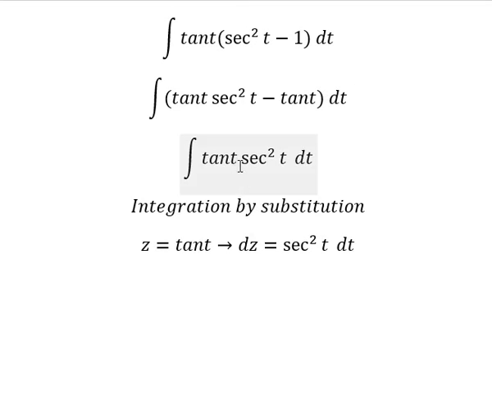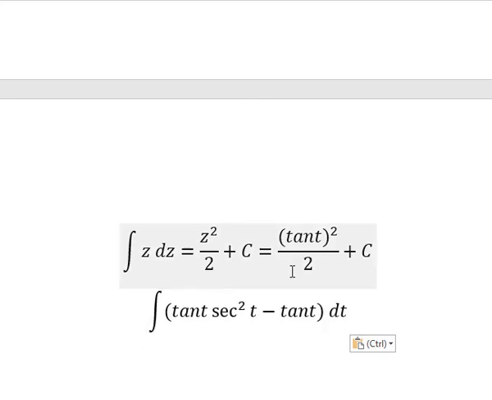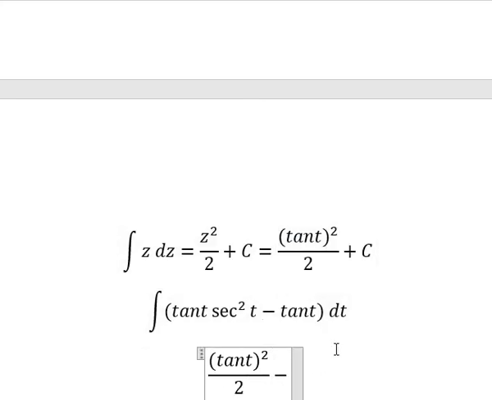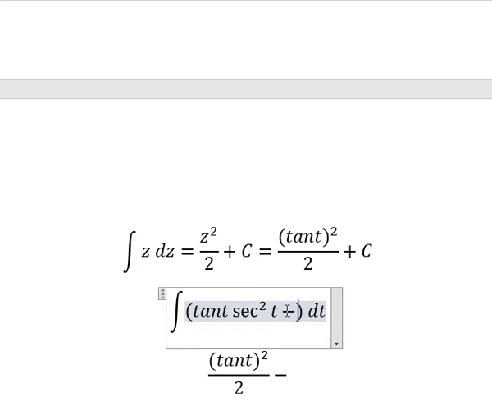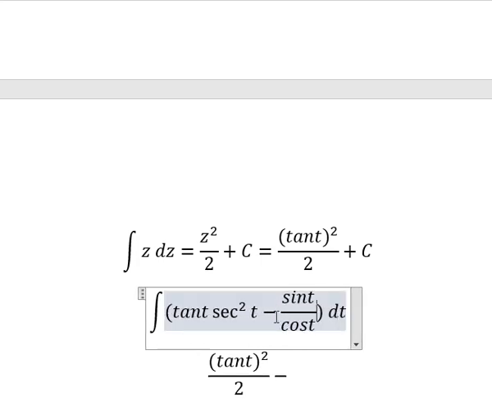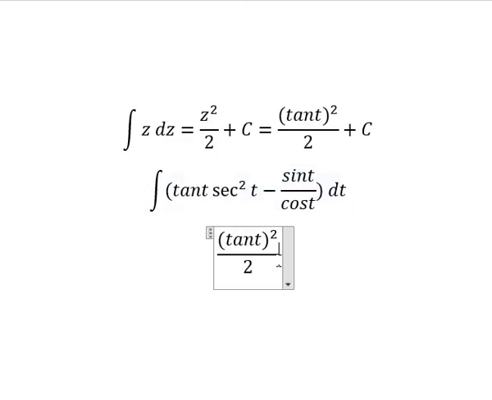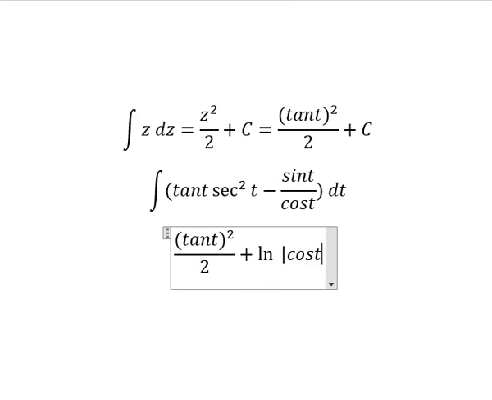And now we return back to this one. The integration of this one we got this one. About tan t, that's sin t over cosine t. So the integration of this one, we will have positive ln of the absolute value of cosine t.